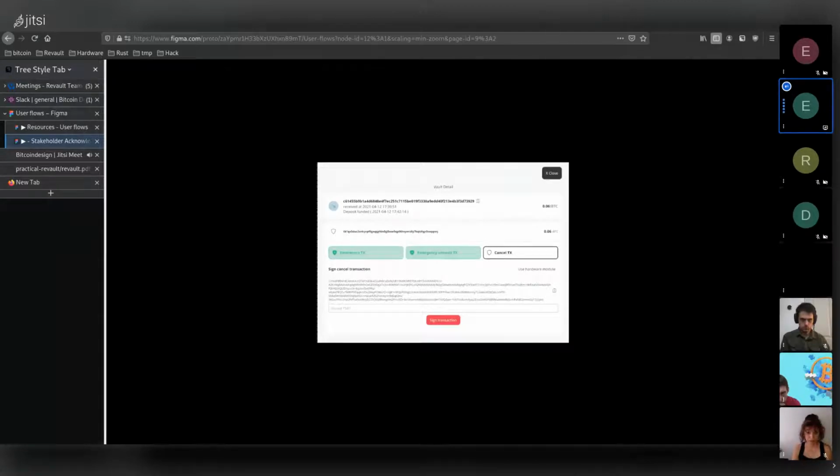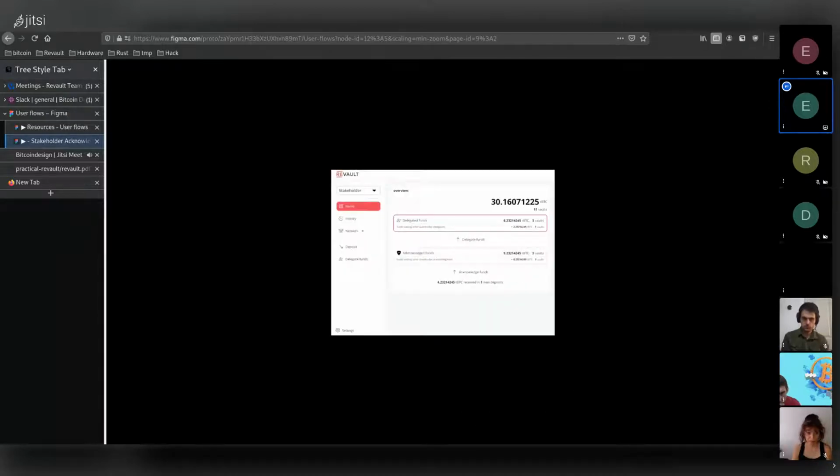And yes, when the revocation transactions are signed, you can see that the balance in acknowledged funds is bigger. You have some funds waiting for other stakeholder signatures.